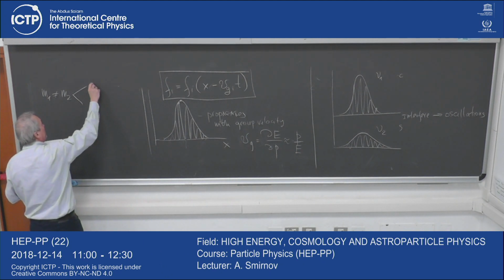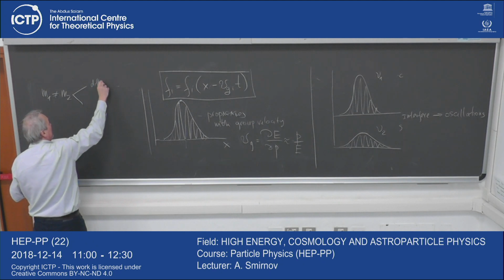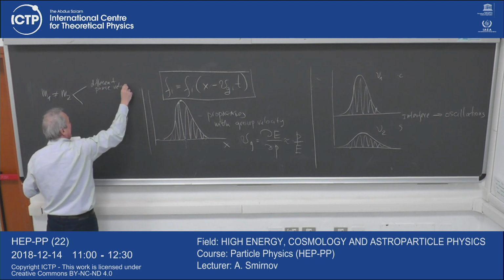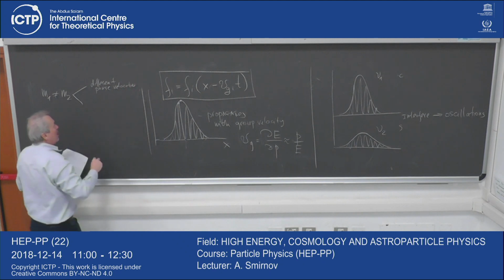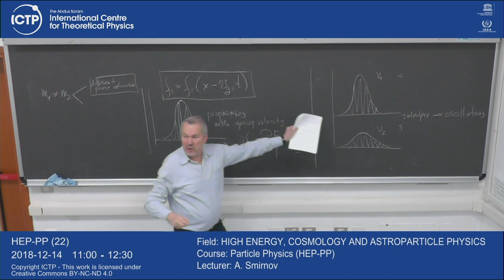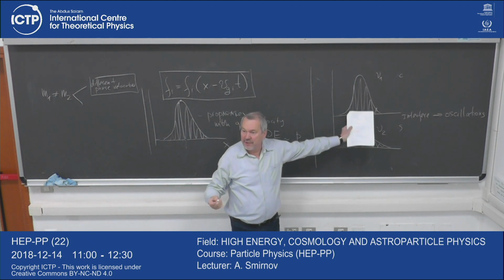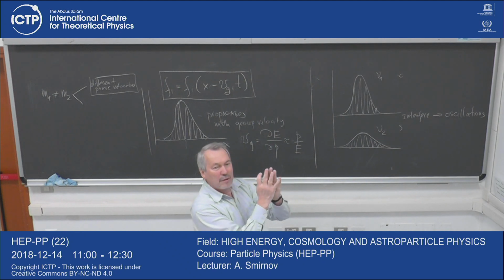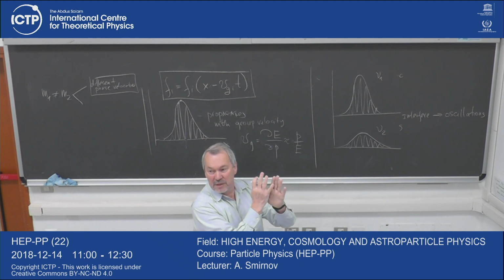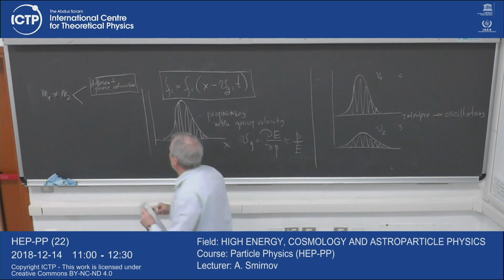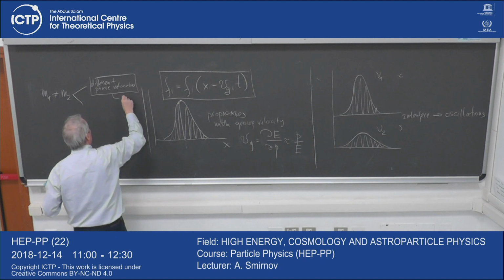You have different phase velocities, and therefore the interference picture will change with time, right? These oscillatory patterns will start to shift, so the phase changes, and this actually leads to oscillations, as you will see.